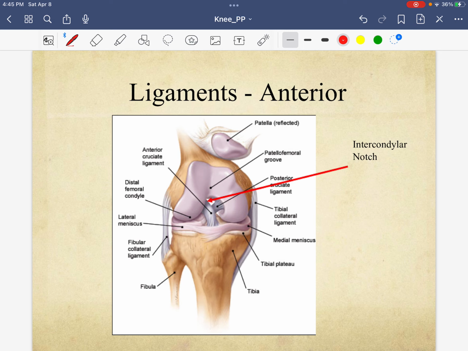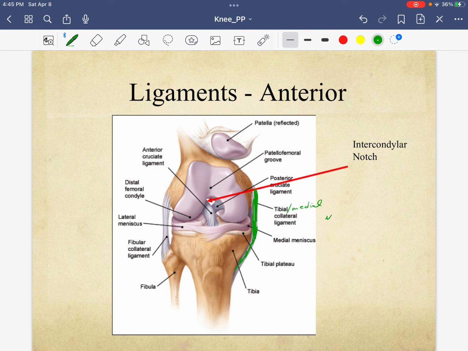Then we also have a medial collateral and lateral collateral. We saw a similar thing with the elbow, right? Here we see it again, and you're probably more familiar with these. On the medial side, it's the tibial or medial collateral ligament. Collateral ligaments, instead of forming an X in the center of the joint like the cruciates, run alongside the inside or outside.